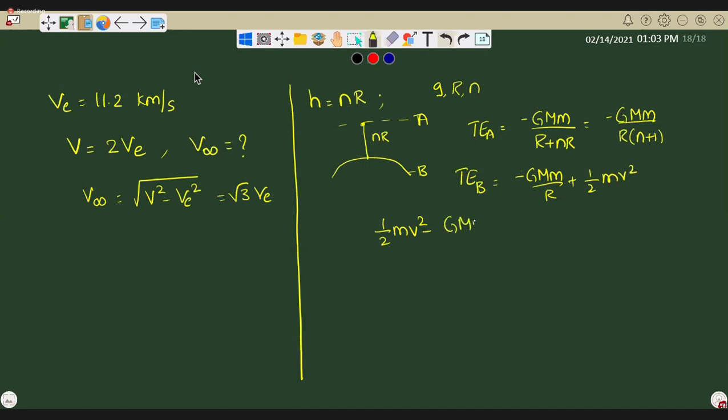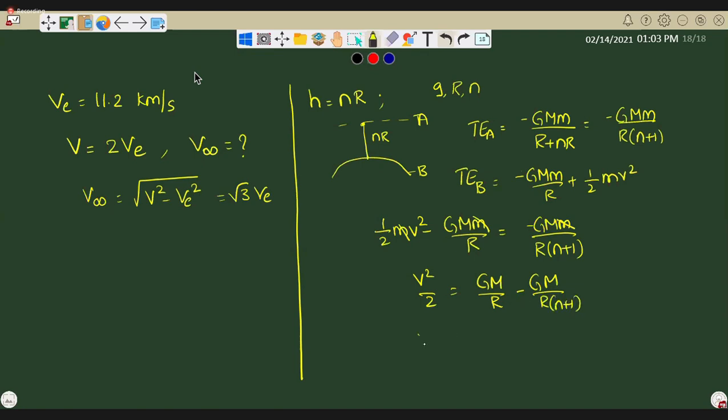So half m v square minus G m divided by R is equal to minus G m divided by R into n plus 1. m cancels. V square by 2 is equal to G m divided by R minus G m divided by R into n plus 1.